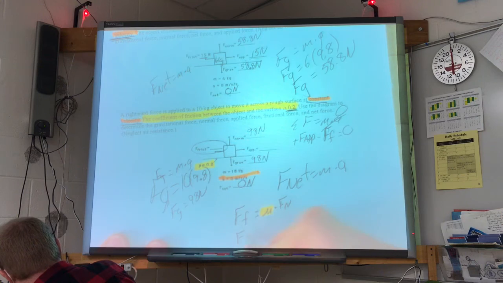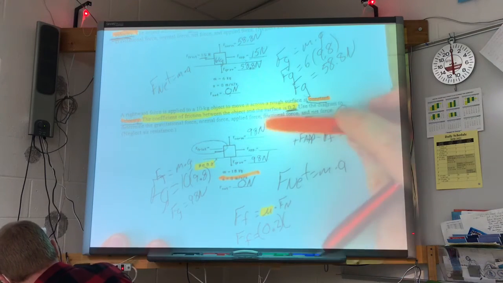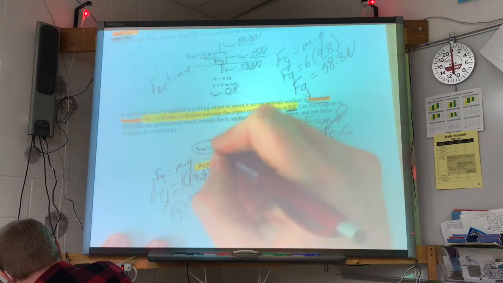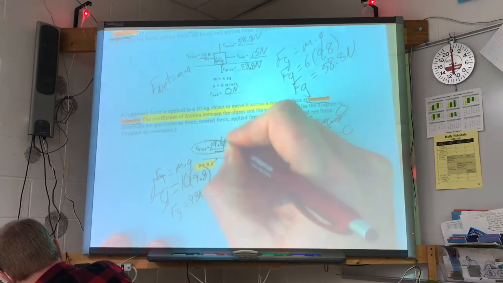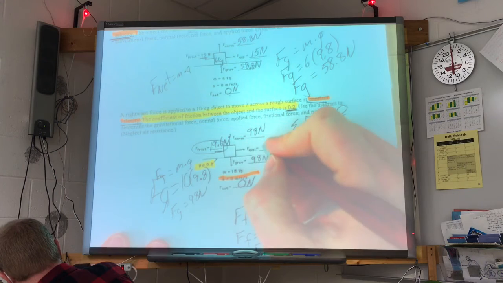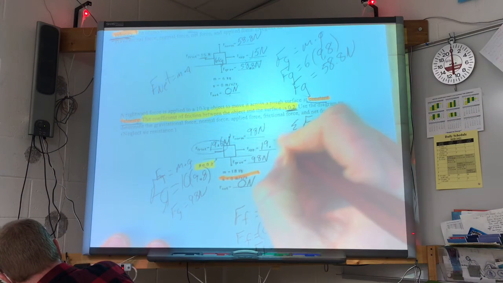So my force of friction is equal to 0.2 times our normal force, which is 98. That ends up being 19.6. Because my forces are balanced, my applied force must be 19.6 newtons.